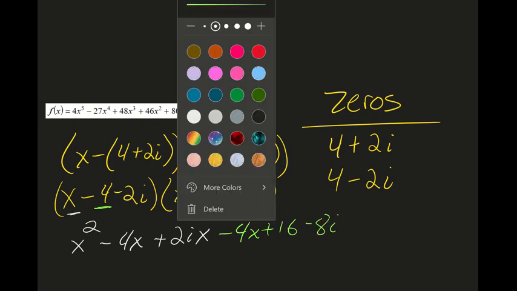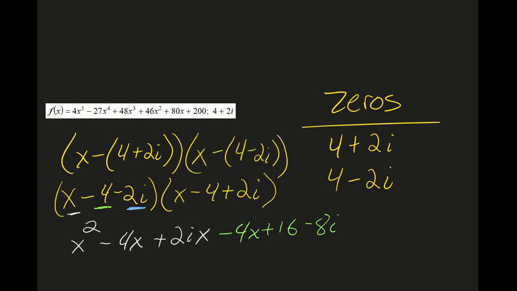Then last, the negative 2i multiplied by everything. So minus 2ix plus 8i minus 4i squared.